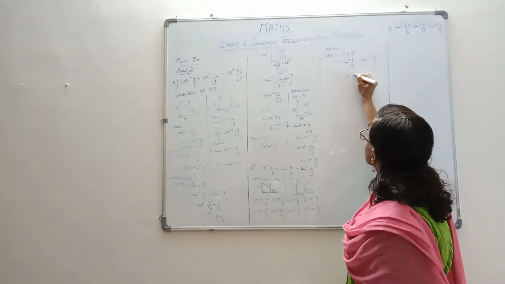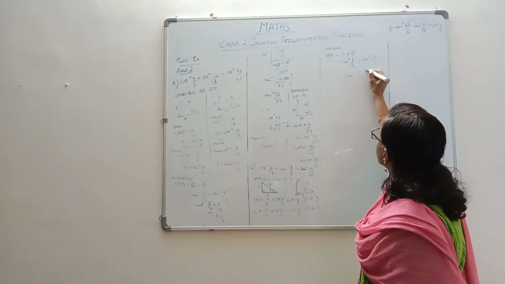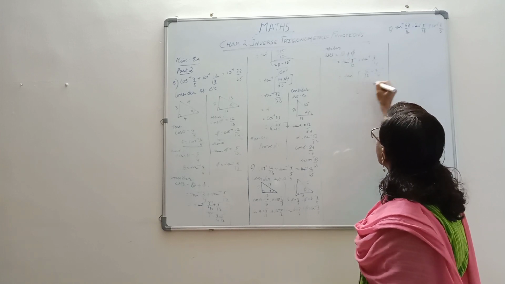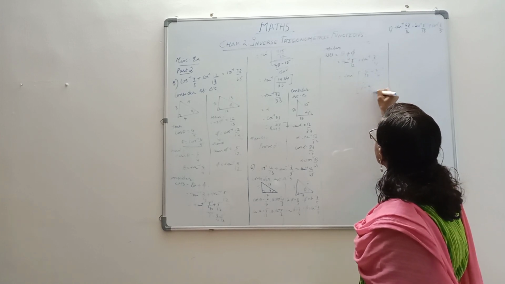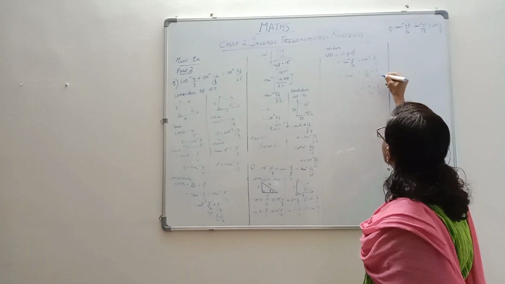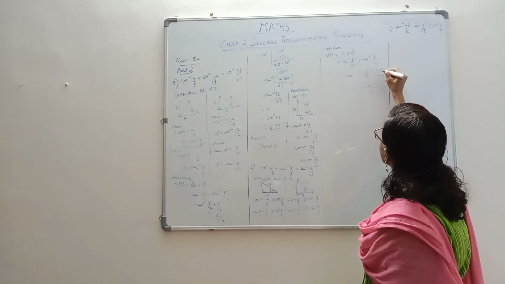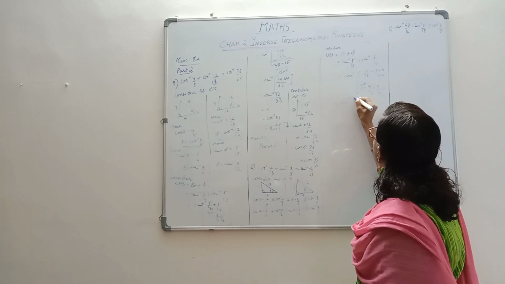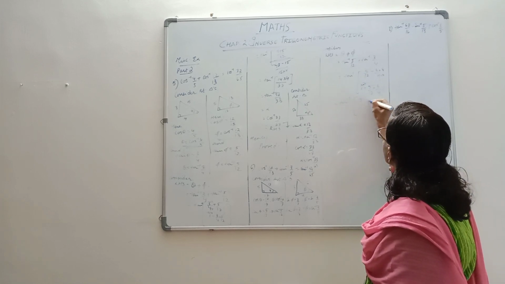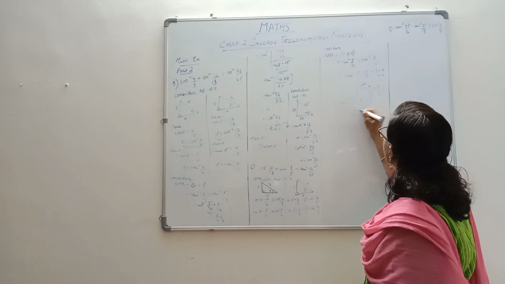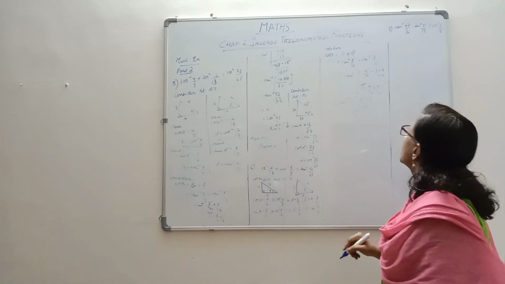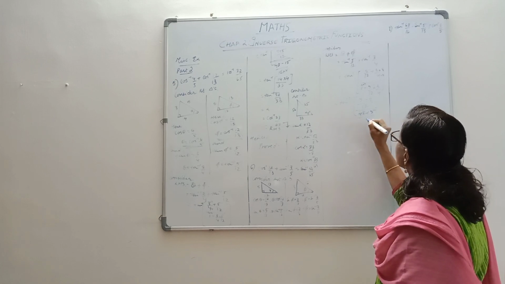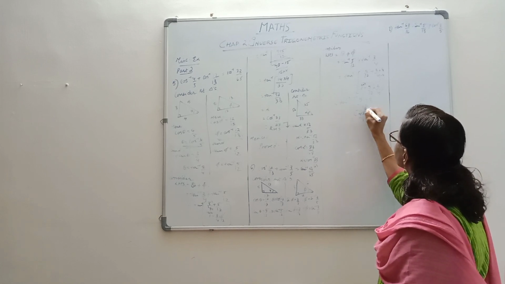So tan inverse of 5 by 12 plus 3 by 4 by 1 minus 5 by 12 into 3 by 4. So this into 3 into 3, 12 into 4. So tan inverse of 5 plus 9 by 12, and here it is 48 minus 15 by 12 into 4.